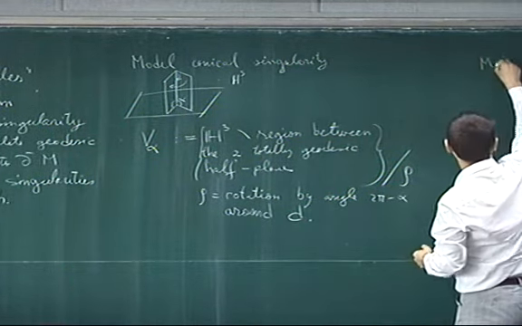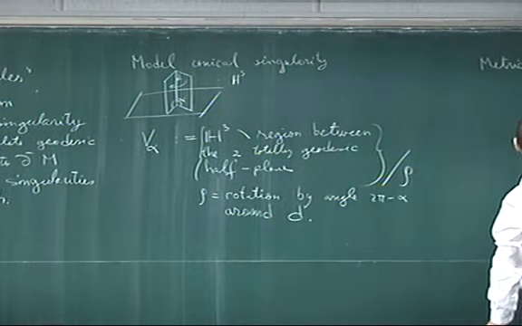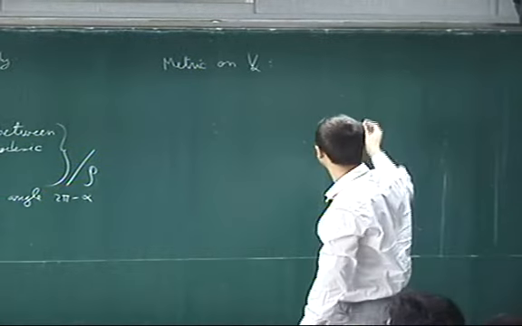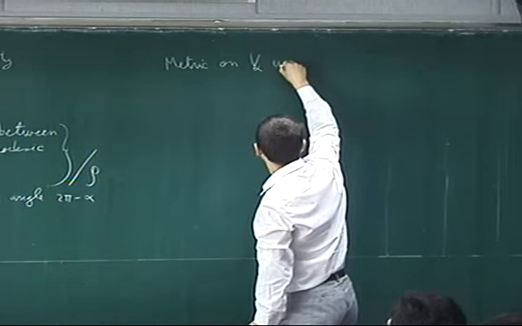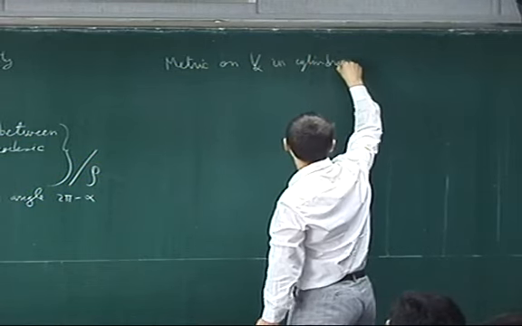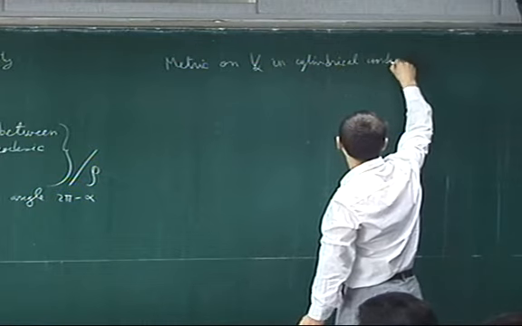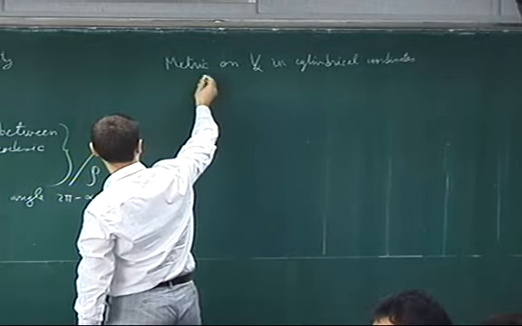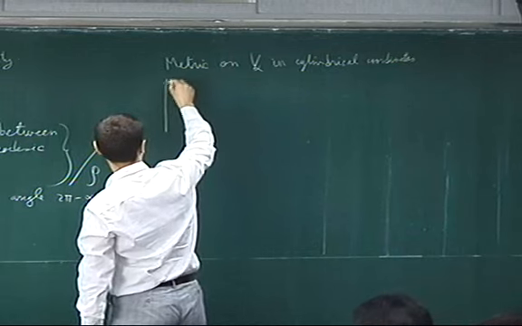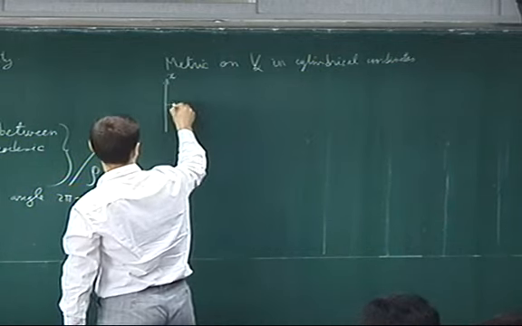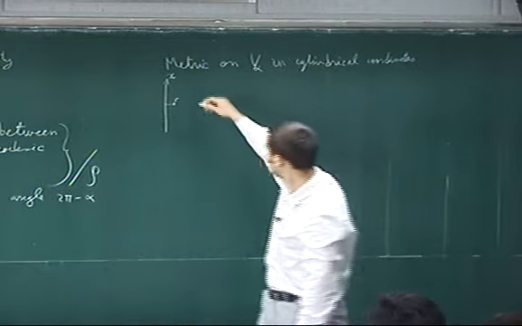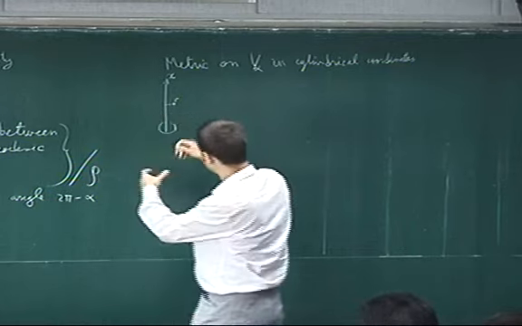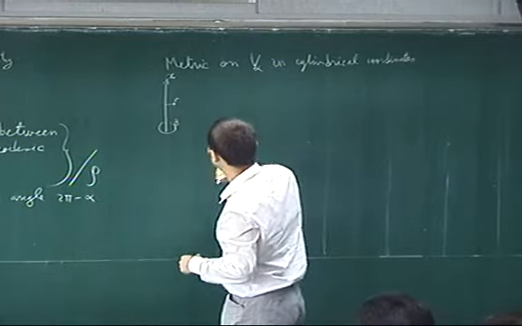So the metric on V alpha you can give in cylindrical coordinates: here you have x, here you have r, the distance to the singularity, and then the angle around the singularity, you call this variable theta.